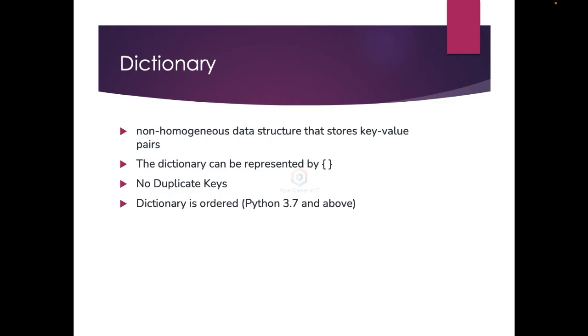There are no duplicate keys. Maybe the value is the same, but there is no duplication of keys. Also, the dictionary is ordered. This works only in Python 3.7 and above. Before this, dictionaries were not ordered.